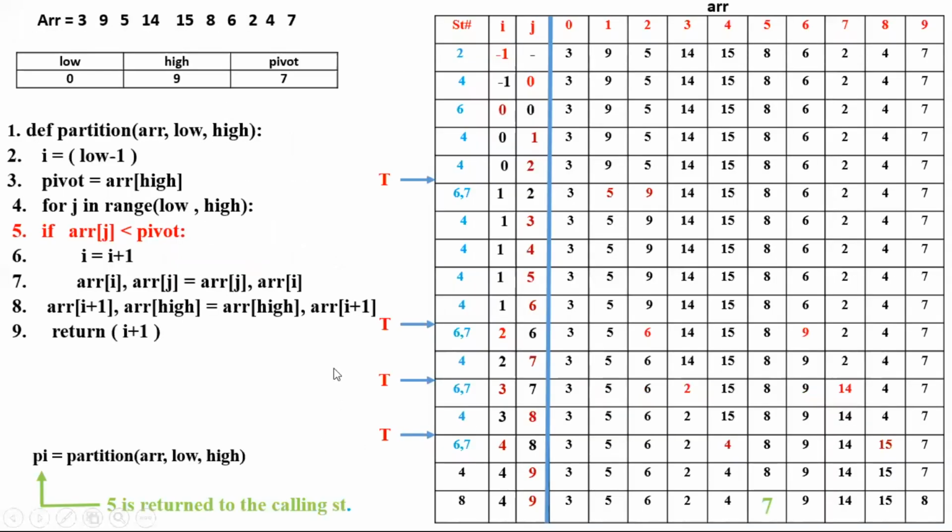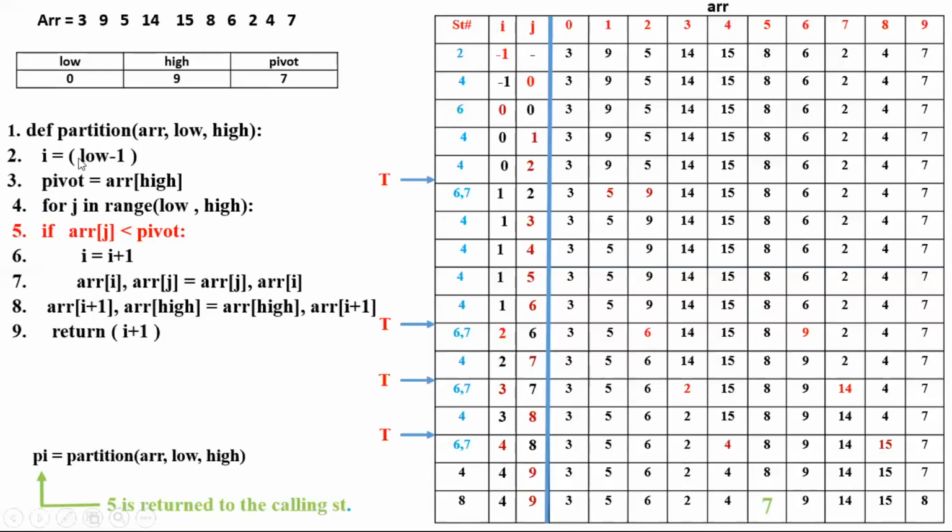Here, an example. This is the array. So you see low 0, high 9, and we choose 7 as the pivot. Here is the partition function. You can trace how it works.